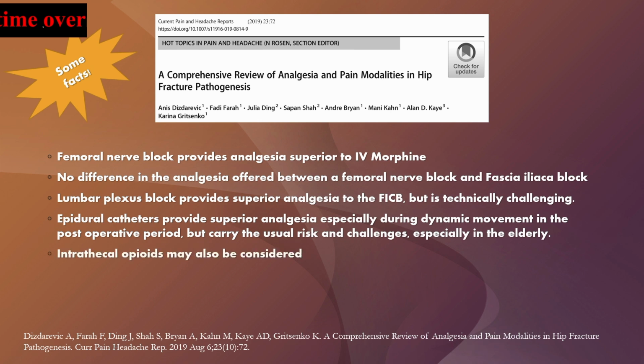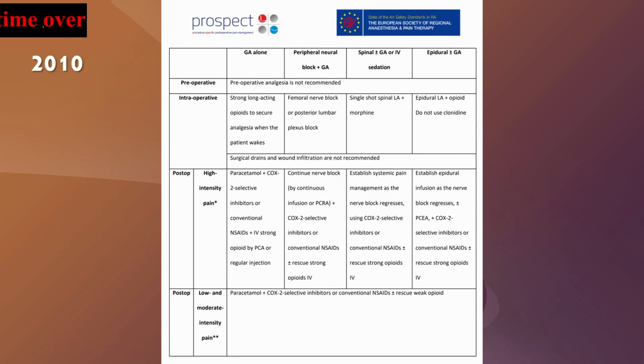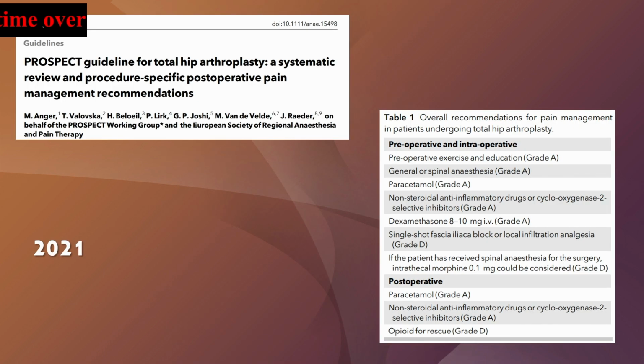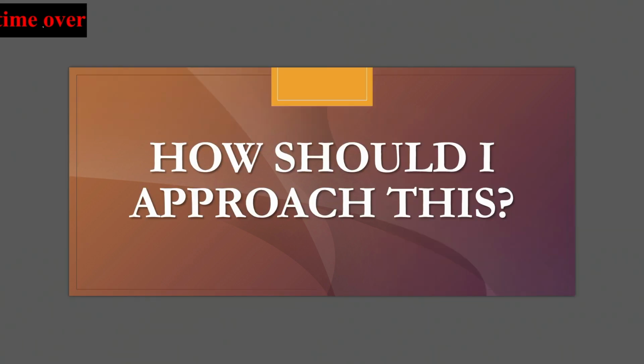Intrathecal opioids, if your patient is younger, probably yes, but we don't use intrathecal morphine much in the elderly and the compromised. The PROSPECT guidelines back in 2010 recommended the femoral nerve block or the posterior lumbar plexus block for total hip arthroplasty, but now that's changed. They're recommending the fascia iliaca block or LIA, probably because of the frailty of these patients.